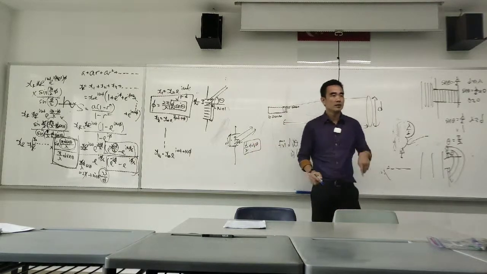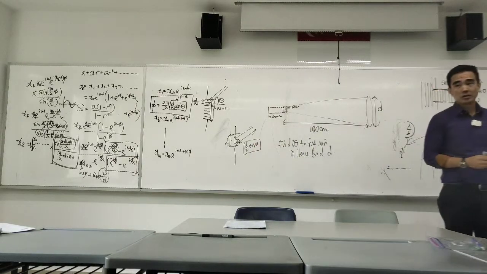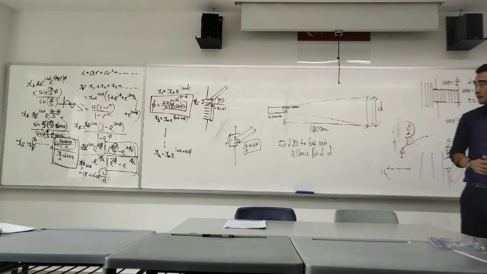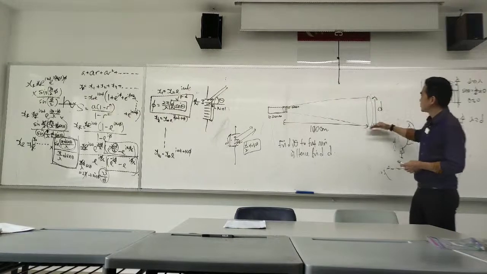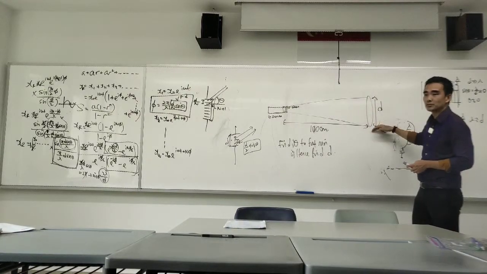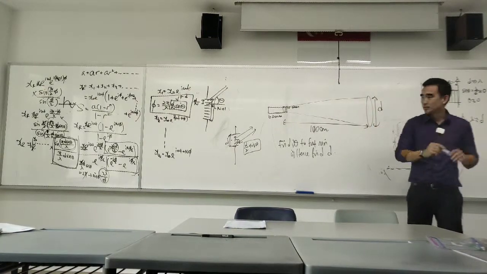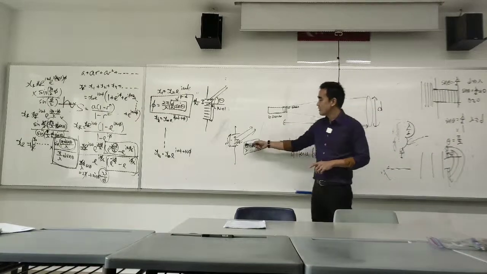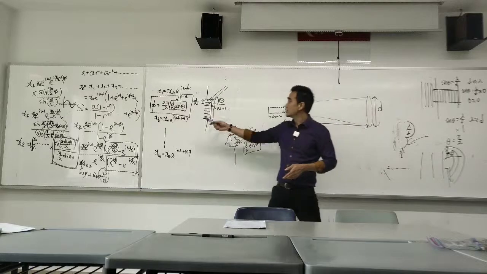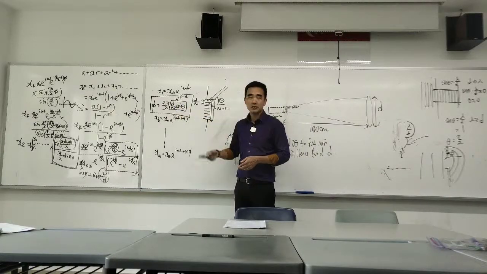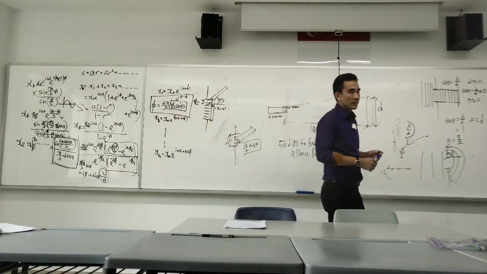You take d divided by the number of slits, n, times sine theta. We only go for the first minimum because the light over here forms a patch, and this is the boundary of the first minimum. That's the path difference.